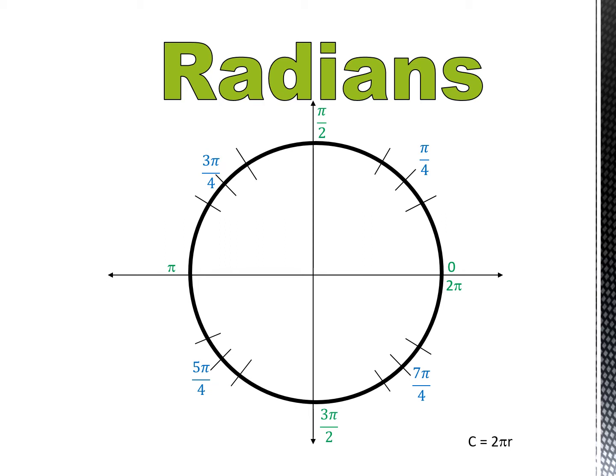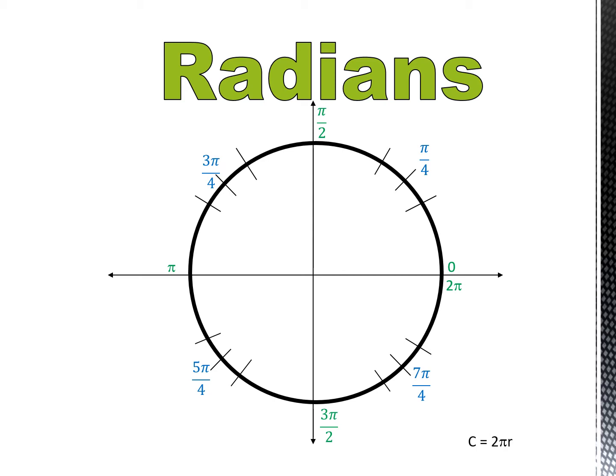Now, if you're having a hard time remembering these or knowing how I got them, there's a very easy way to do it. If you just count. Starting with 0, if you go up, you have 1 pi over 4. If you continue going up to the green, you have 2 pi over 4, but that reduces to pi over 2. So again, 0, 1 pi over 4, 2 pi over 4, reduce.